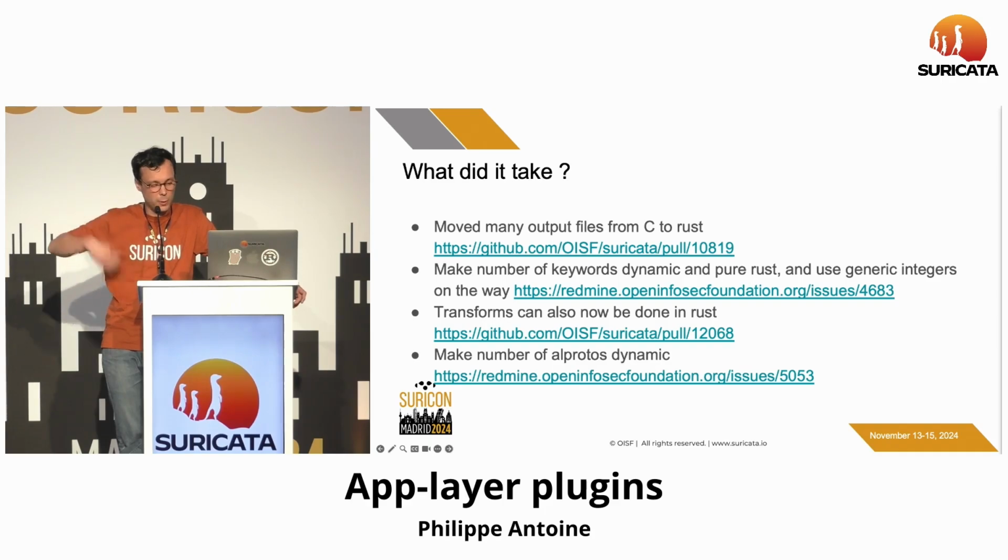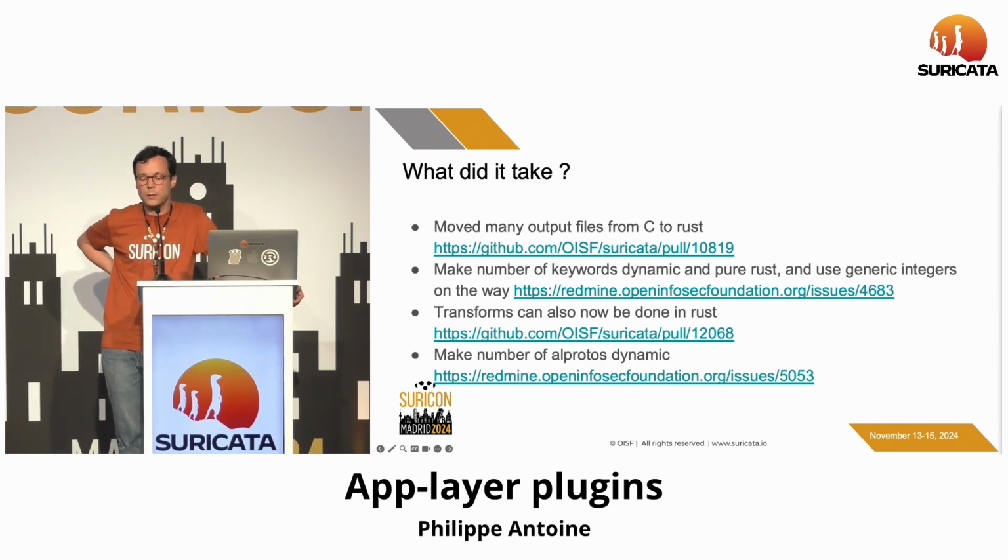So now we realloc and try to add more, and they can be pure Rust. Along the way we could also fix some bugs about integers being used, or logging using a dash instead of underscore, etc. Transforms can also be done in Rust and so can also be used in plugins. That's the most recent work that was merged.